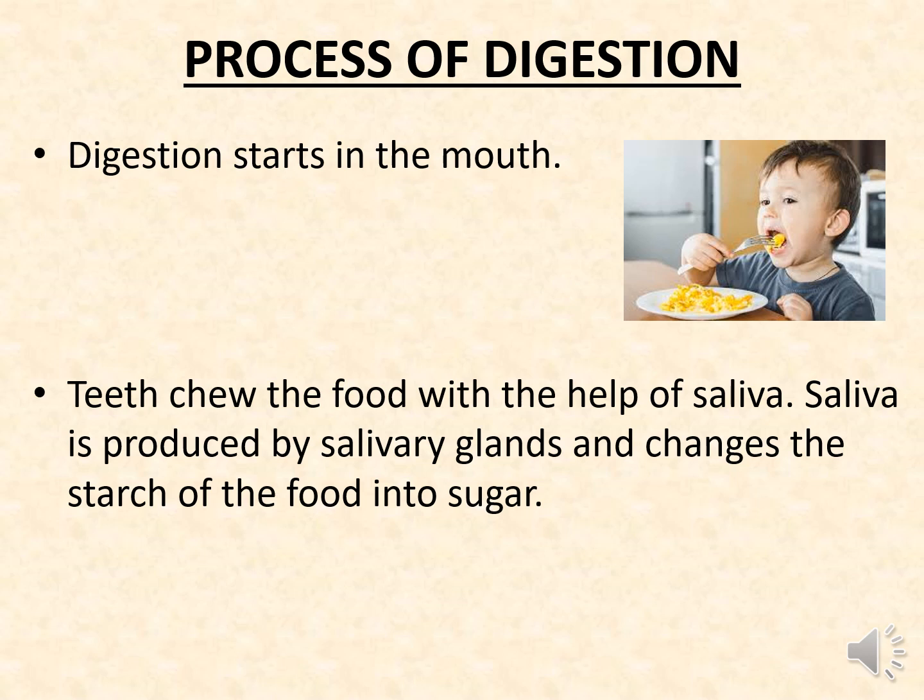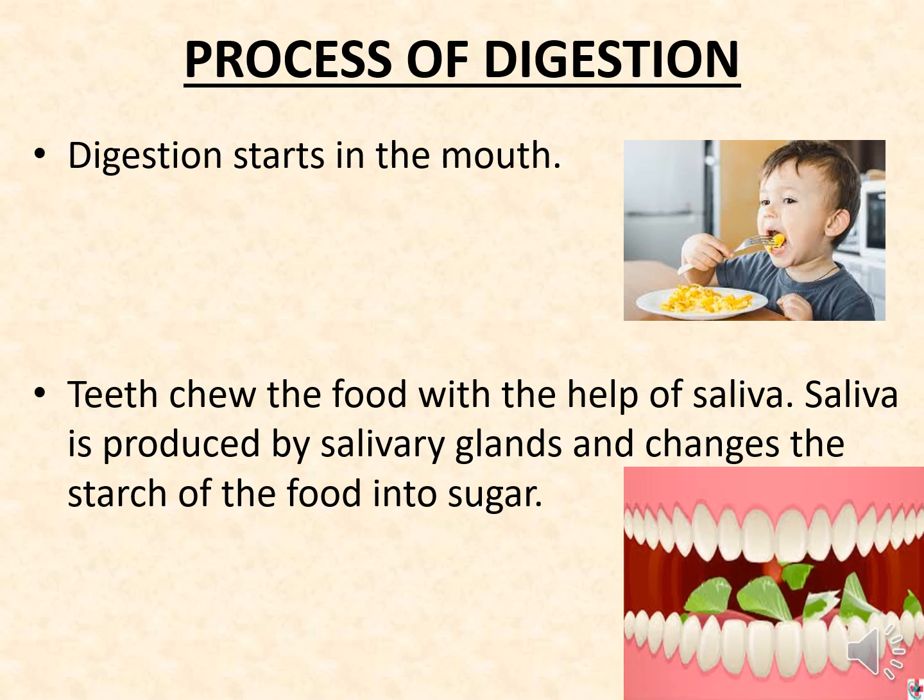What is the role of the saliva? It changes the starch of the food into sugar. Teeth chew the food and then saliva changes the starch of the food into sugar. So the process just started in our mouth only. These two steps take place in our mouth, that is the buccal cavity.